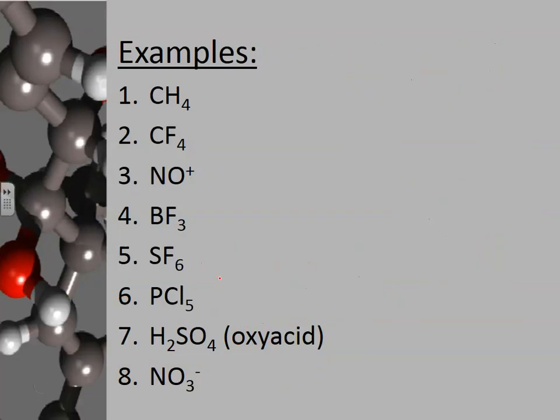All right, our last example, number 8, you have 5 from the nitrogen. You have 3 oxygens, they have 6 apiece, and here we have a -1 charge. That means we're going to add one more electron. So that gives us 5 plus 18 plus 1, which is going to give us 6 plus 18, which is 24 electrons.